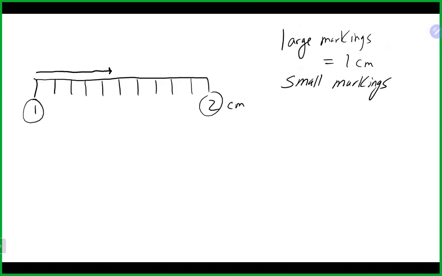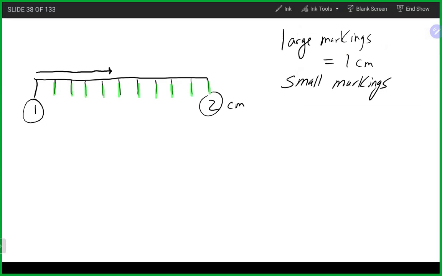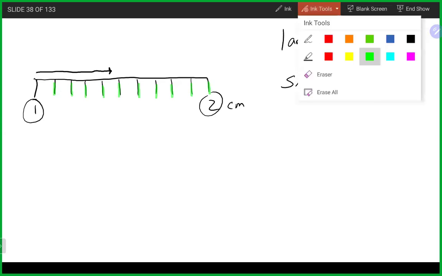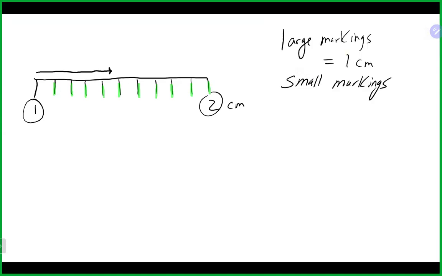For example, here we have a large marking at 1. So we would start counting here. That's 1, 2, 3, 4, 5, 6, 7, 8, 9, and 10. And we would stop at the very next large marking. So we basically have 10 markings between a total of 1 centimeter. That means each of the smaller markings represents how much?